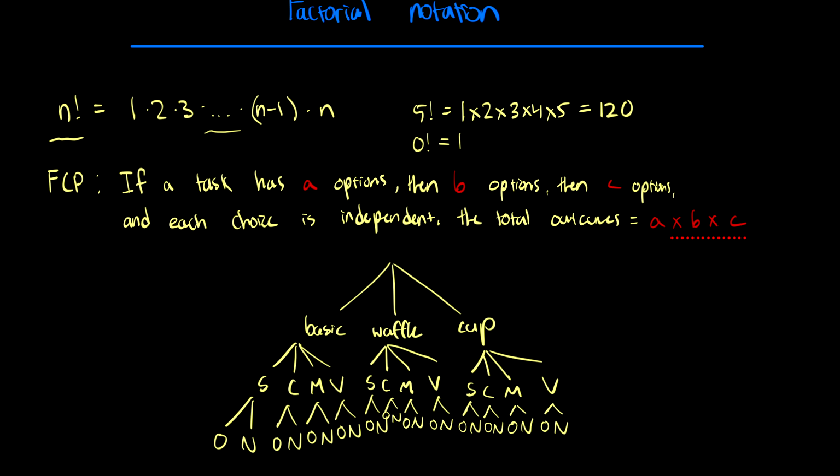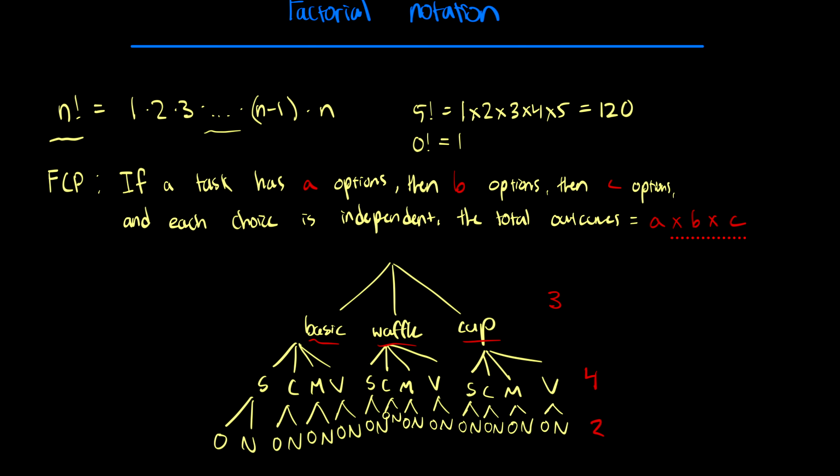So the first is going to be 3. You have 3 choices: basic, waffle, or cup. And then when it came to the flavor of the ice cream, you had 4 choices: strawberry, chocolate, mango, vanilla. And then you had 2 topping choices, so I'm going to write 2 here.